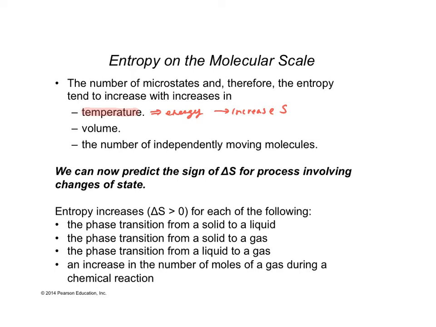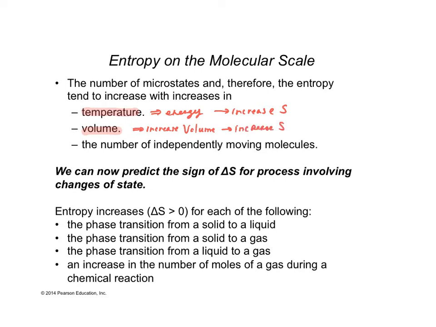Also, volume is another important thing. If we have a sample of gas and we increase the overall volume, what's that going to do to freedom of motion? They're going to have more freedom of motion. So if we increase volume, that also tends to lead to an increase in entropy.